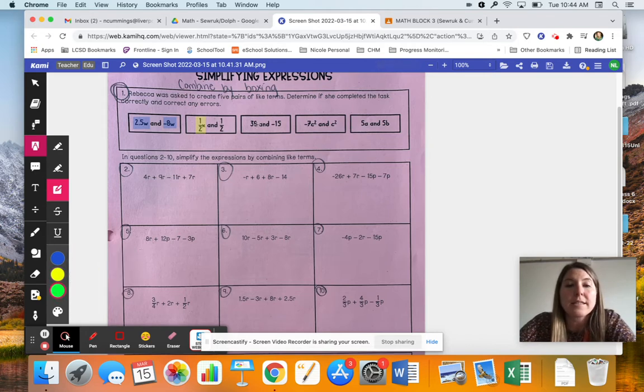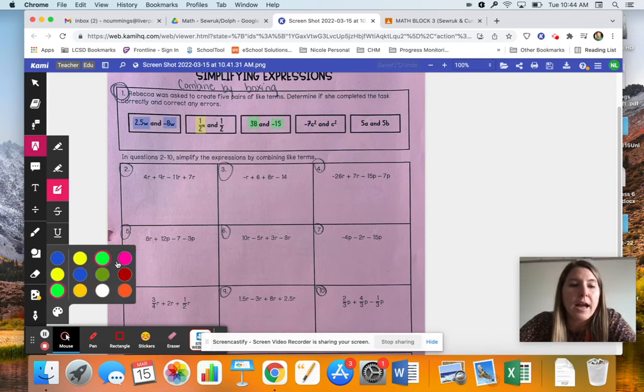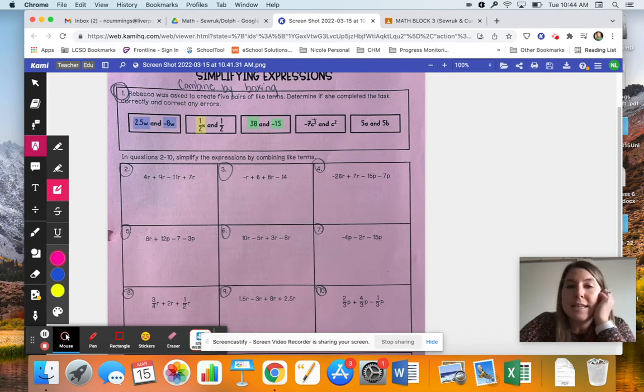The next one, I see I have a constant number 38, no variables. I also see that I have a negative 15, which is also a constant and no variables. It does not matter that this number is positive and this number is negative. On the next one, I see that it's a negative 7c squared and a c squared.